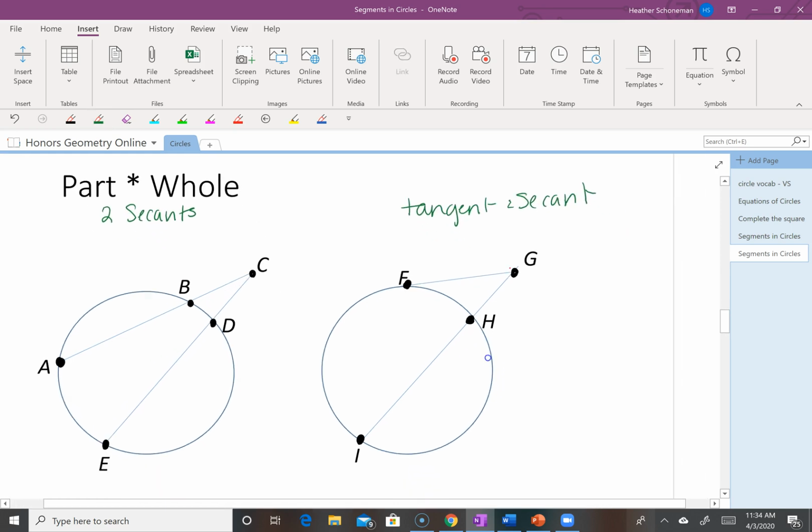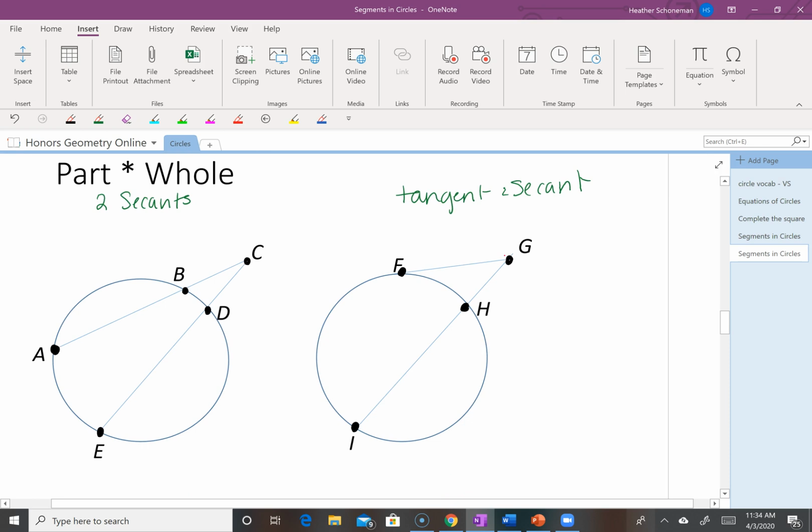But when we are doing these formulas, it's going to be part times whole. The part is the part that's outside of the circle. So the part that's outside of the circle here is BC times the whole length, which is AC. Over here, the part that's outside is CD times the entire length, which is EC.